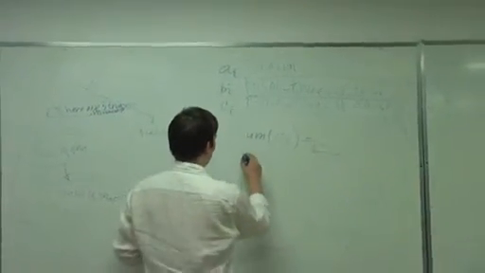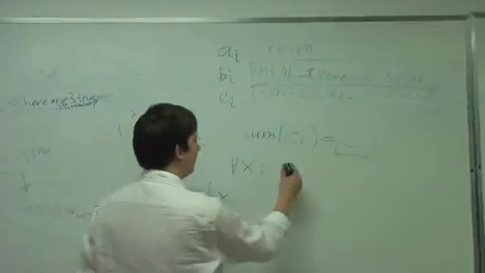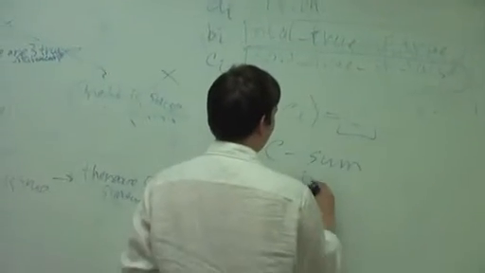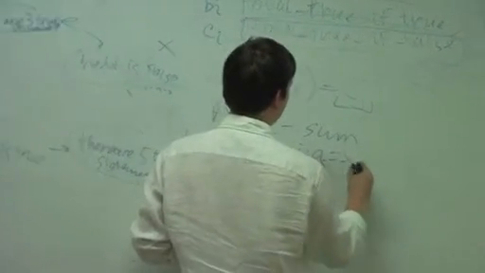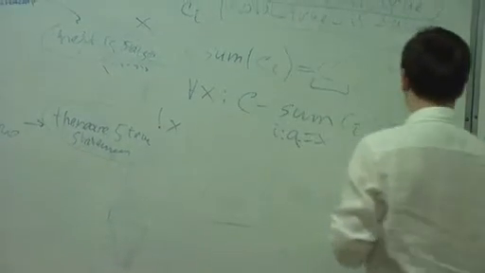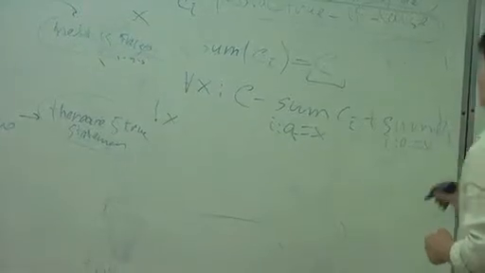If C is equal to some A_i, we need to continue. We check each X, and for each X we need to calculate C minus the sum over i such that A_i equals X of C_i, plus the sum over i in which A_i equals X of B_i.